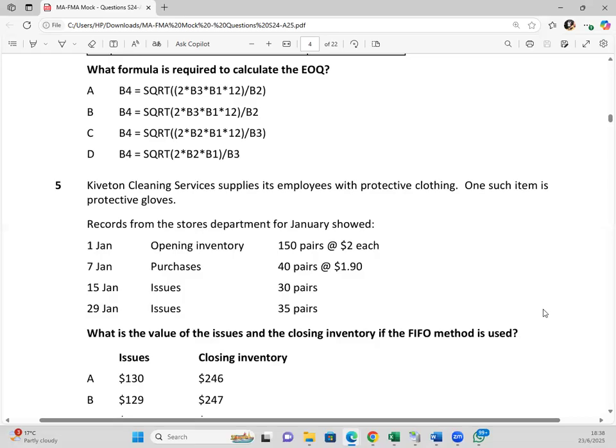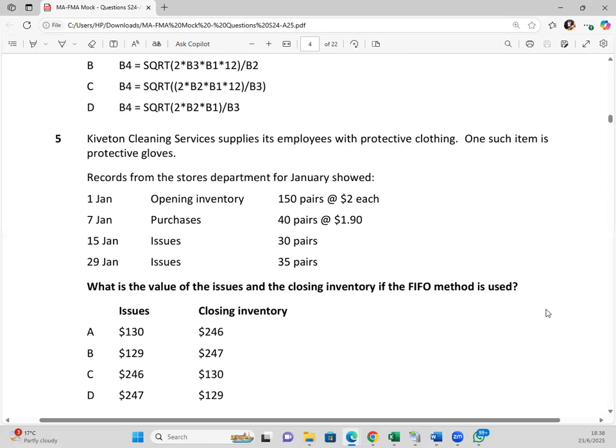What is the value of the issue and the closing inventory if the FIFO method is used?